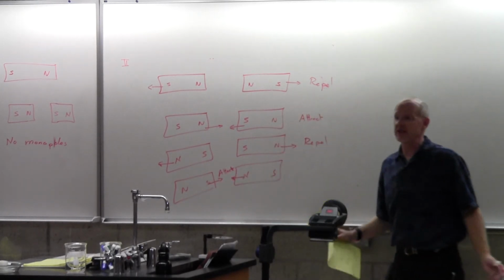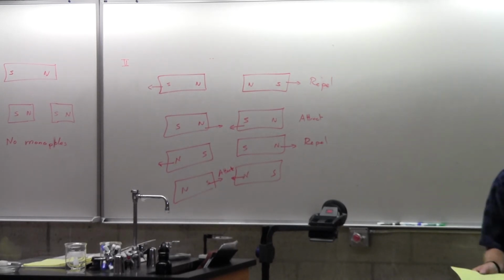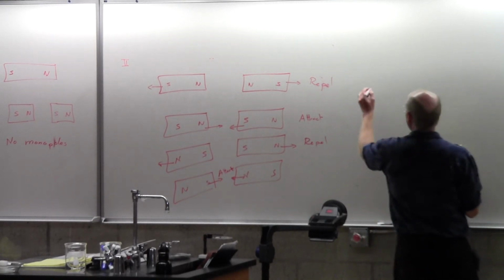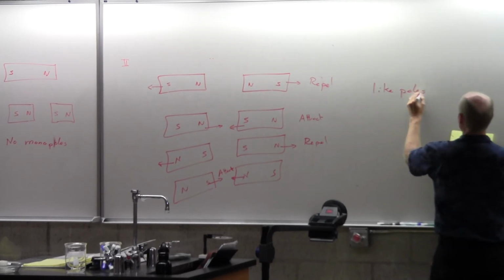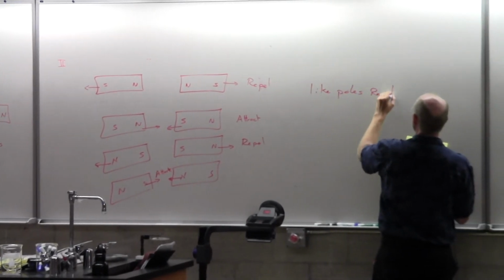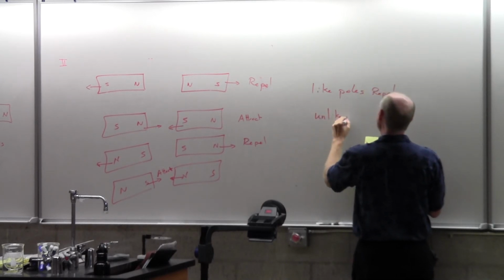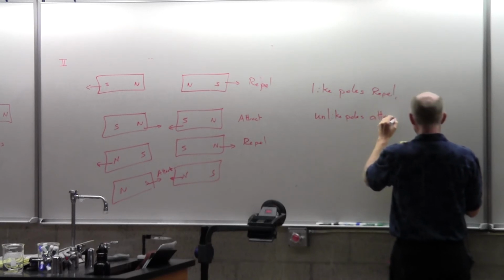And hopefully this doesn't look any different than we saw on the very first day. Didn't I come out there with the vinyl and the acetate and I rubbed it and I said we got a positive charge, we got a negative charge? So we really have the same thing where we can say like poles end up repelling. But the opposite poles are what we will call the unlike poles. When they're brought together, they tend to attract.